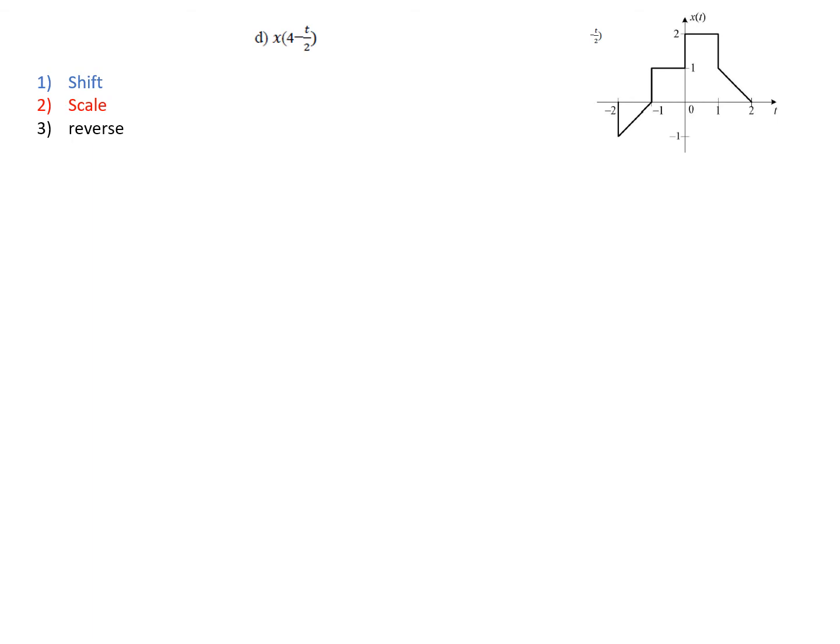The first step is to shift. We have x(4 + t), or t + 4, which is the same. Everything will be shifted to the left by 4 time instants. So when it's 2, it starts at -2. When it's 1, it starts at -1, and then this is -3, then -4, then -5, and this is -6.